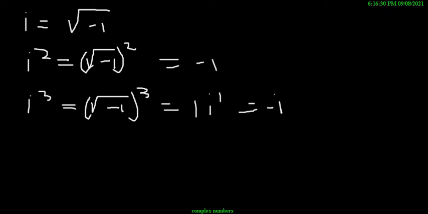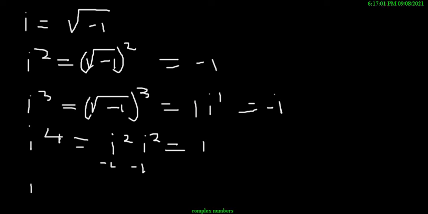Then we go back to i to the power 4, which is equal to i squared times i squared, which is equal to 1, because i squared is negative 1 and i squared is negative 1, so together they make 1. Let's try one more.